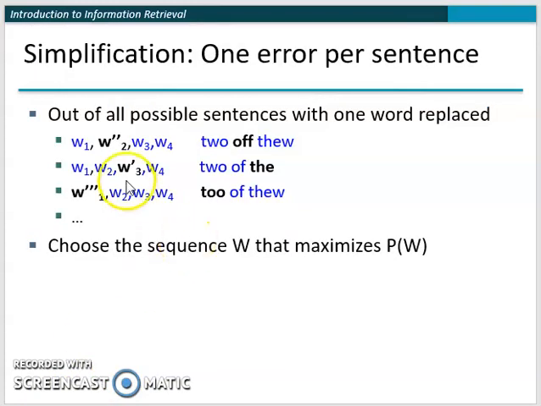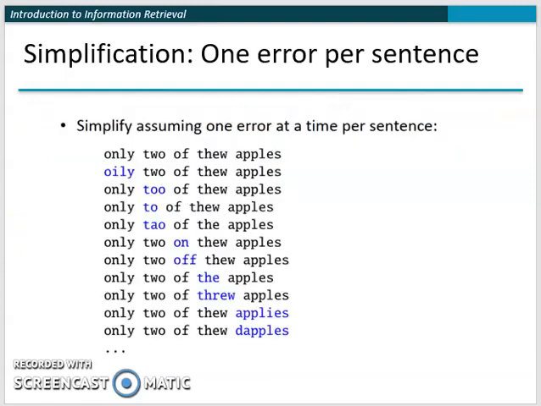As we have lots and lots of possible sequences of words, we'll make a simplifying assumption. We'll assume that at a time only one word is misspelled. So given a sentence, we'll assume that only one of the words of that sentence could be wrongly typed.